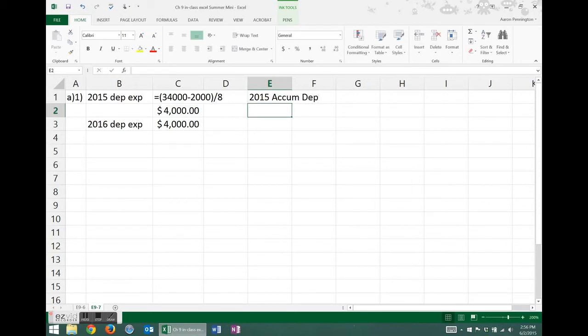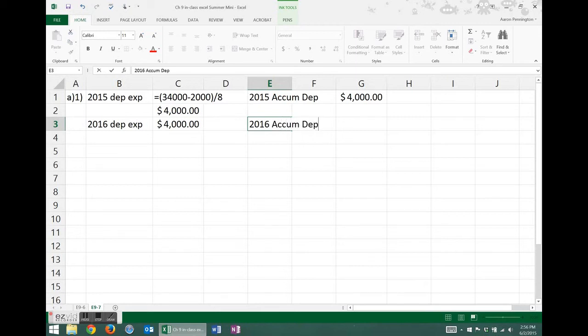Well, in 2015, that's going to be put here, $4,000, all right? In 2016, well, it's going to be twice that.